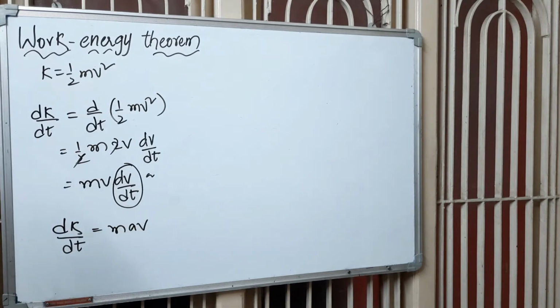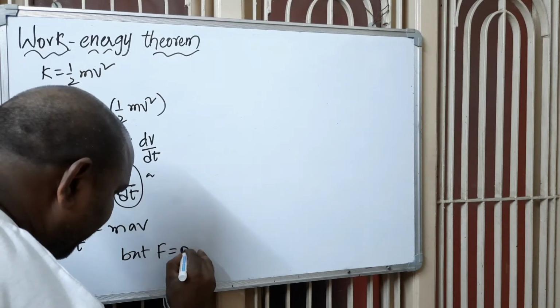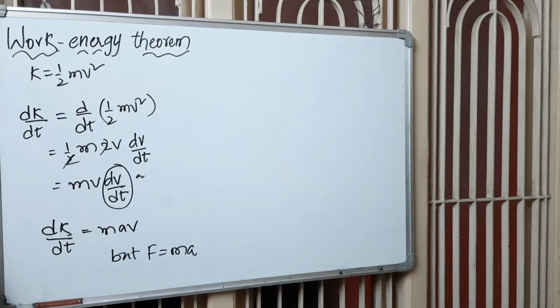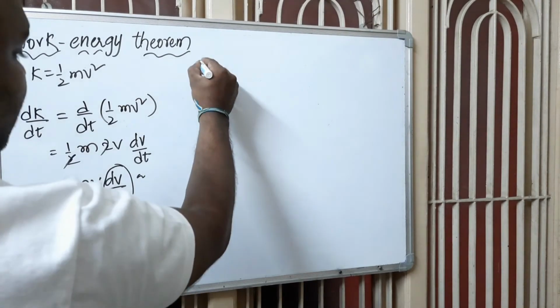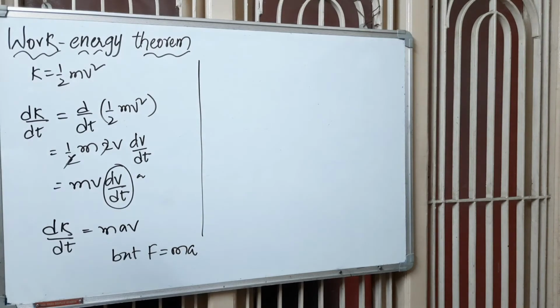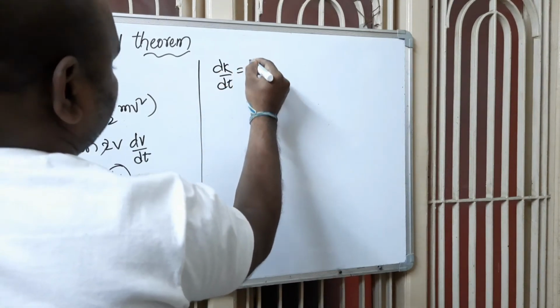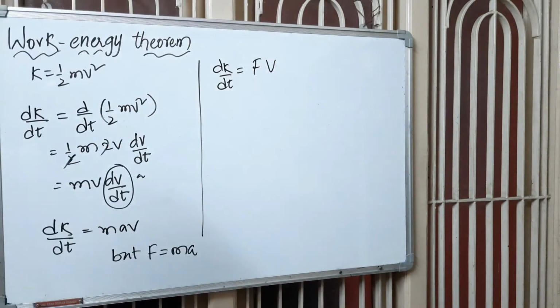But you know F is equal to ma. Clear? F is equal to ma. Next, as we know F is equal to ma, we can write dK by dt is equal to, instead of ma, F v.